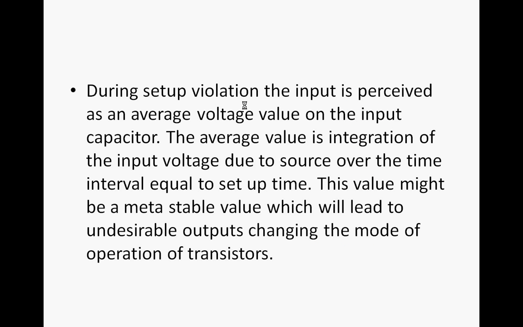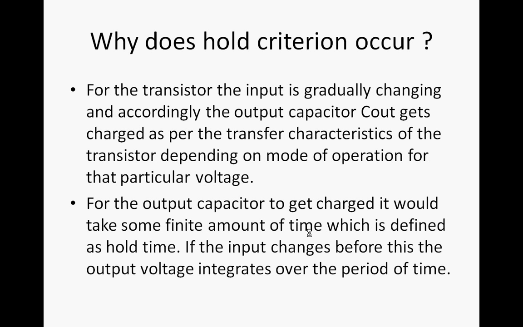The voltage would then be a linear amplification, or whatever the defined transfer characteristics of the transistor are. In this case, we can't guarantee the mode of operation of any circuit. These values are defined as metastable values. They lead to undesirable outputs, changing the mode of operation of transistors.